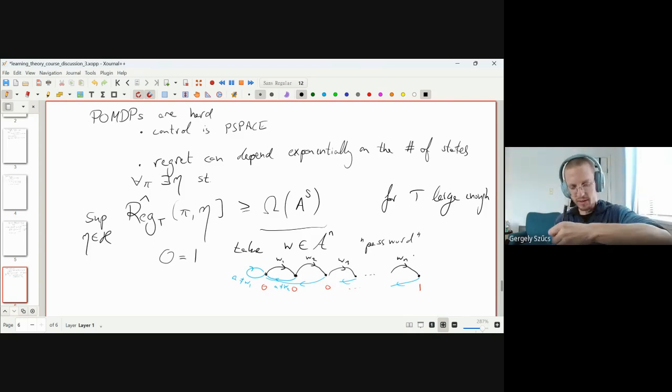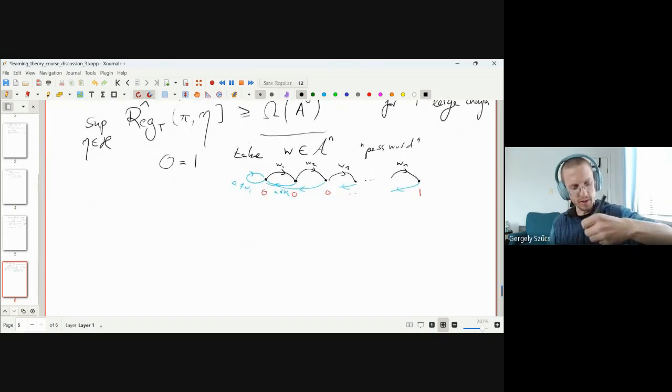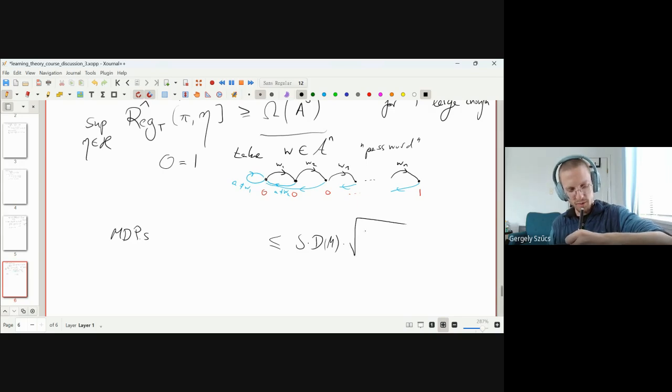Just because this is in contrast with the bound for MDPs. I think we had an upper bound which was something like the number of states times the diameter of the MDP, and then maybe square root of the number of actions times, I guess, for the total regret.